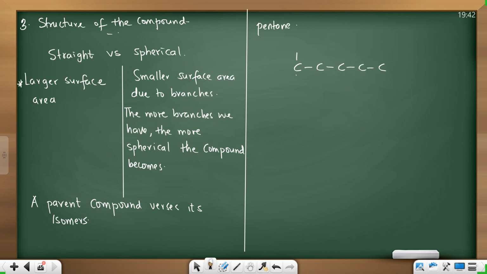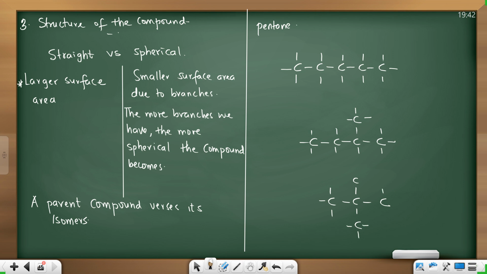I hope you remember what isomers are. And if I want to do the isomer, I'll have 4. And I can go ahead and look at another isomer. Why are they isomers? Number of carbon atoms is the same, C5H12.